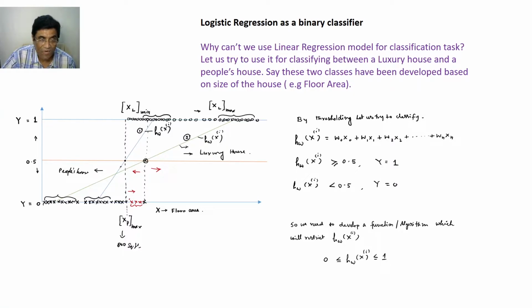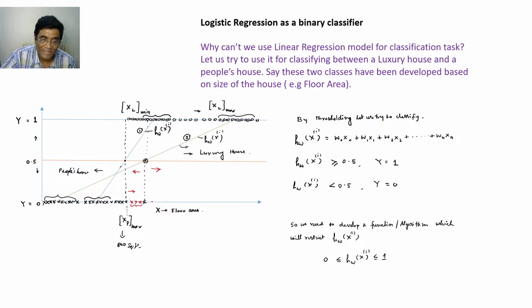So these data, which earlier compared to this regression line were actually rightly classified, because beyond 800 square feet they were classified as luxury house, this regression line will now classify them as people's house.